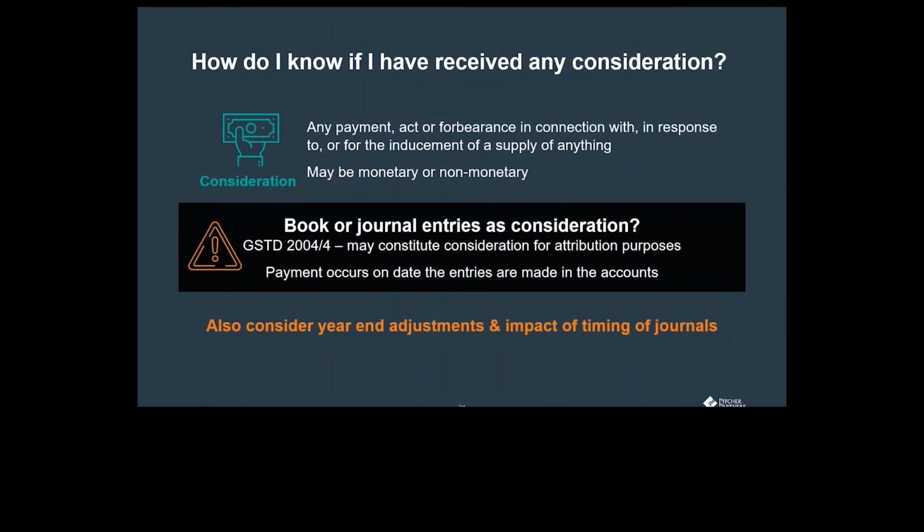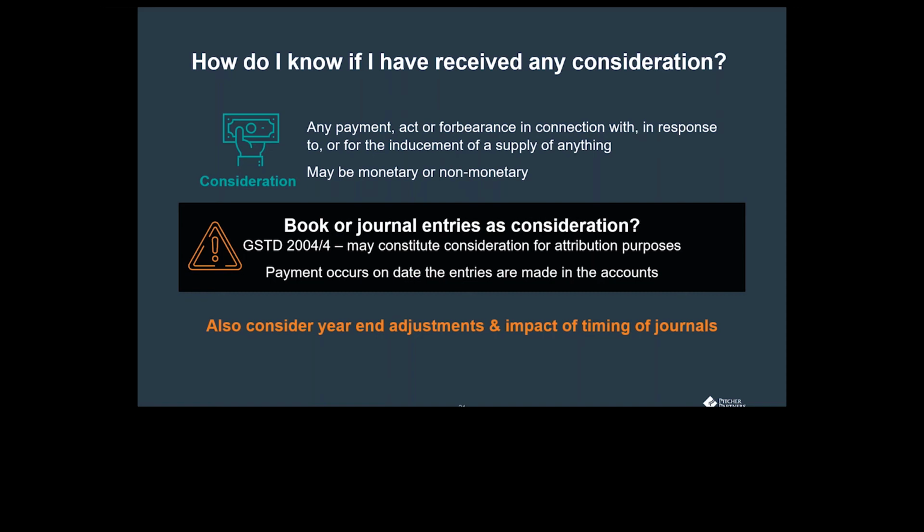So now that we are working off a GST attribution basis for JobKeeper 2.0 and the 10% decline in turnover certificate testing, it is important to understand effectively what can be included within the concept of consideration, because as I've just said, the attribution rules for an accruals basis taxpayer at least look to the period in which any part of the consideration has been received or an invoice has been issued, whichever occurs first.